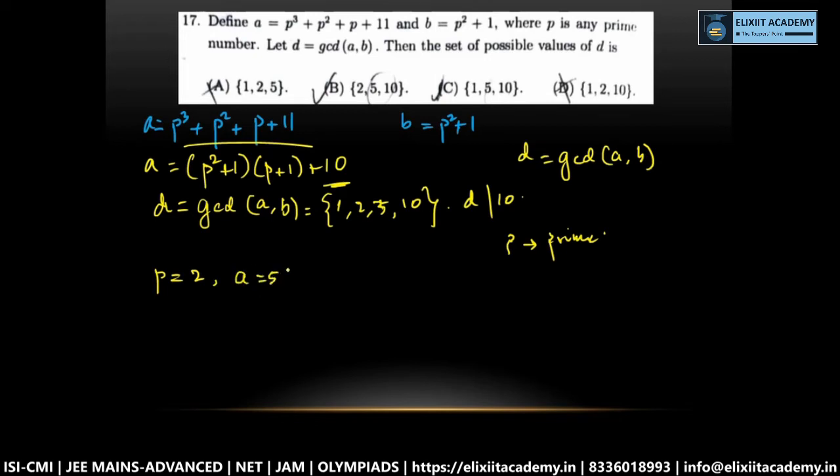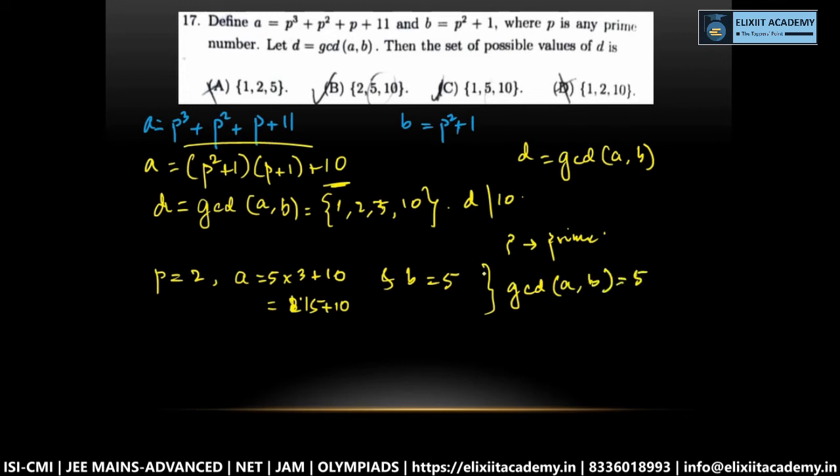A is 5 into 3 plus 10, that is 15 plus 10, which is 25. And B is 2 square plus 1, so B is 5. So in this case, the GCD of A and B is 5.